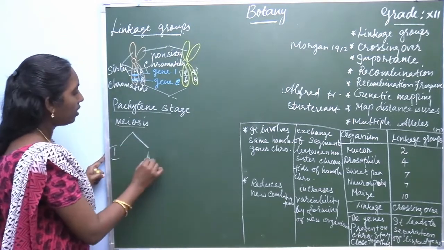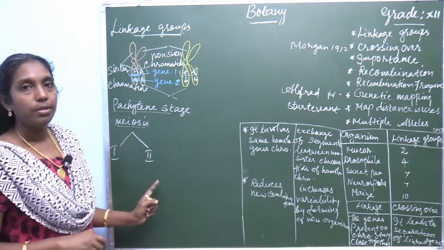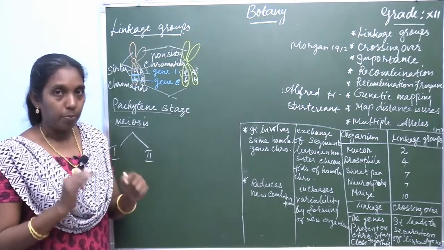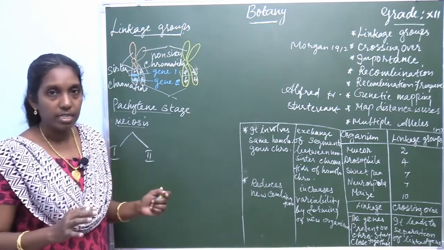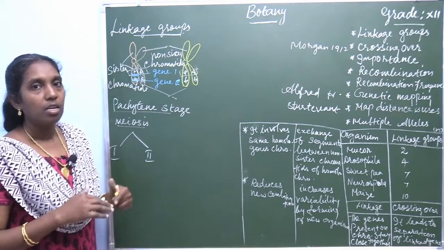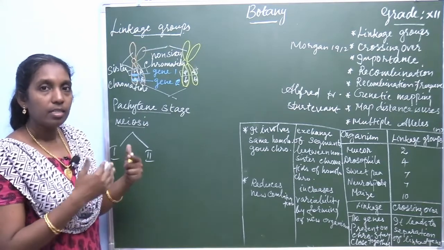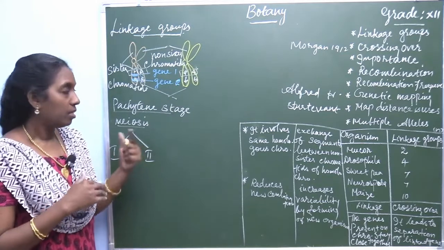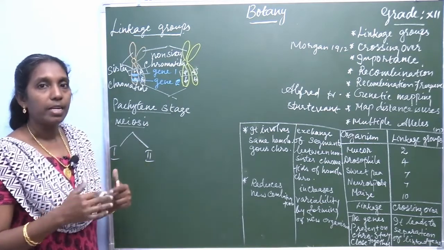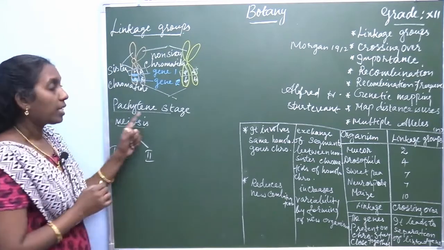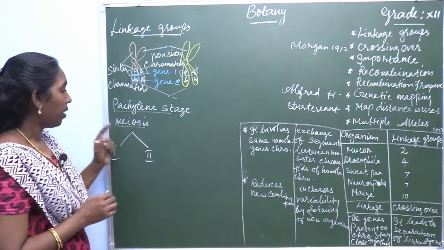Crossing over mostly takes place in the germinal cells, which produce the gametes. Rarely it takes place in mitotic cell division.